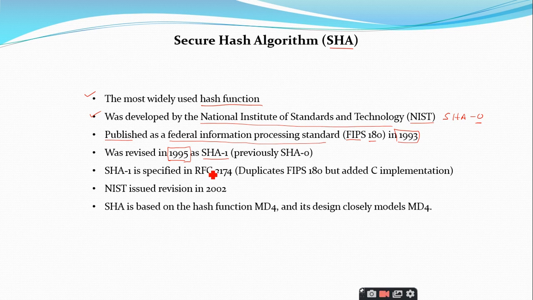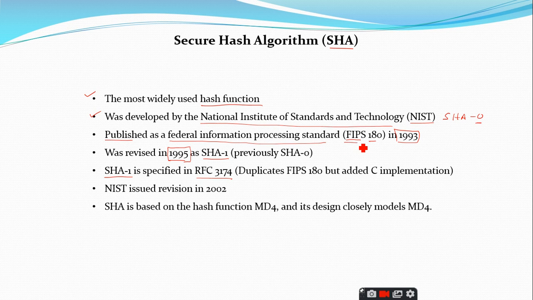And the actual specification for SHA-1 is specified inside RFC 3174. We know very well about RFC; in computer networks, any concept that you want to describe should be described inside a document, and that document we call Request for Comments. It is a document which gives all the descriptions about SHA-1.